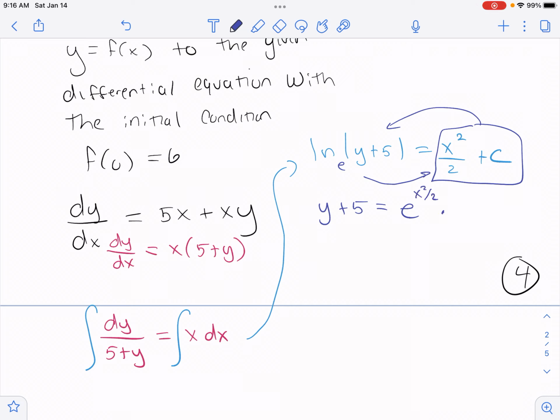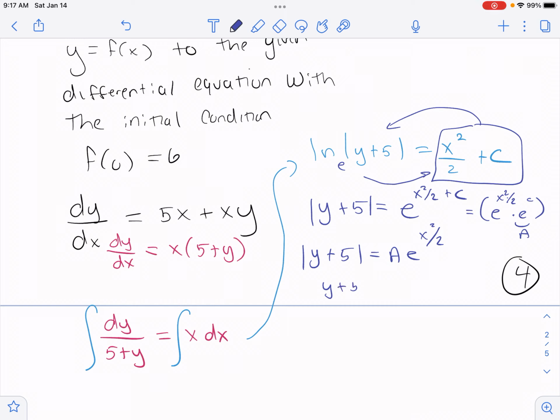Maybe I'll break it down so I don't do too much at once. So again, notice that this is equal to e to the x squared over 2 times e to the c. I'm going to replace that with just an a. So I have, absolute value of y plus 5 is equal to a e to the x squared divided by 2.